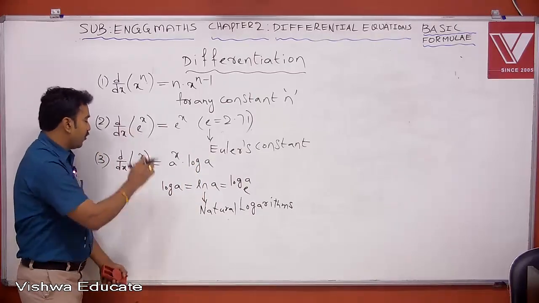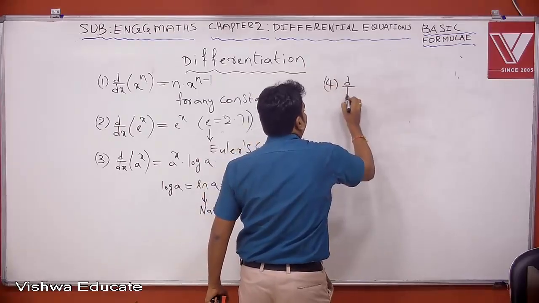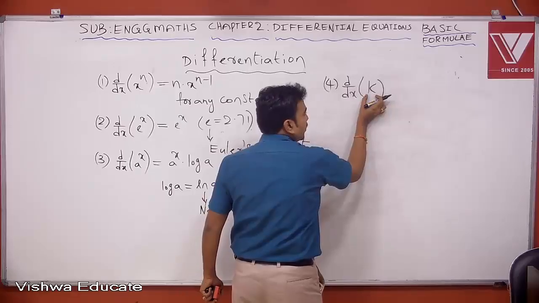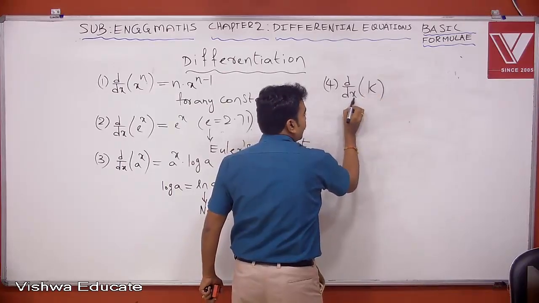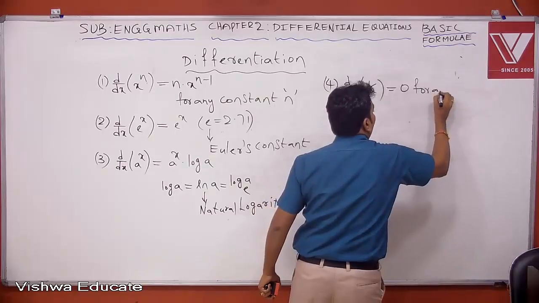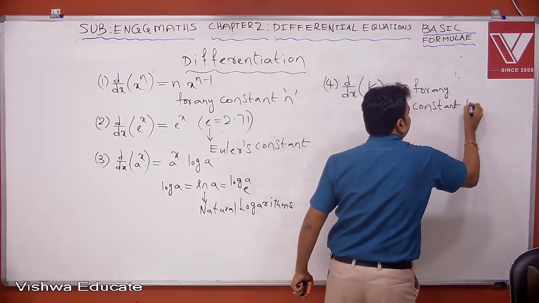Therefore, from this we get this formula. Formula number 4: d by dx of a constant. This is a constant quantity, so with respect to any variable, the derivative of a constant is 0. So d by dx of k is 0 for any constant k.